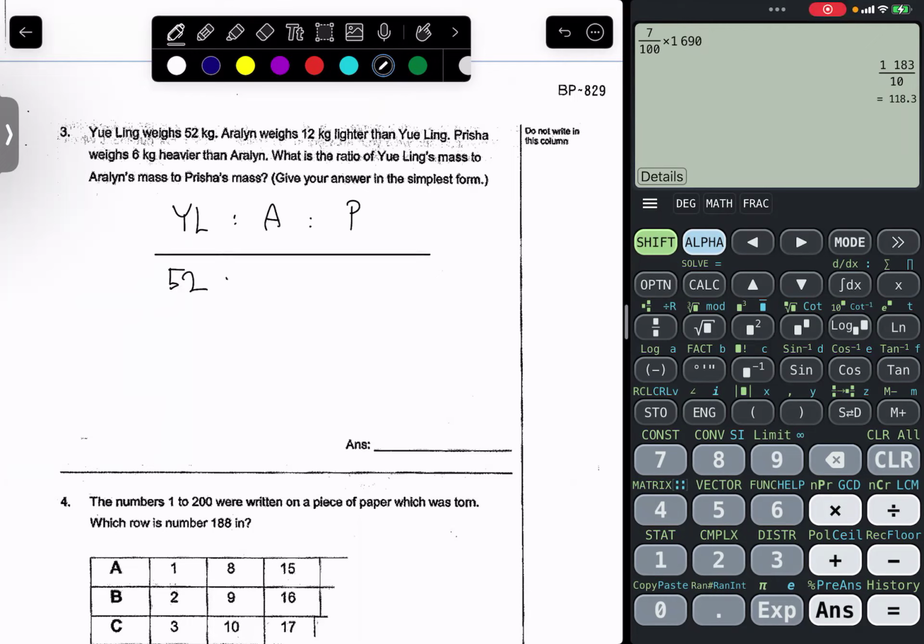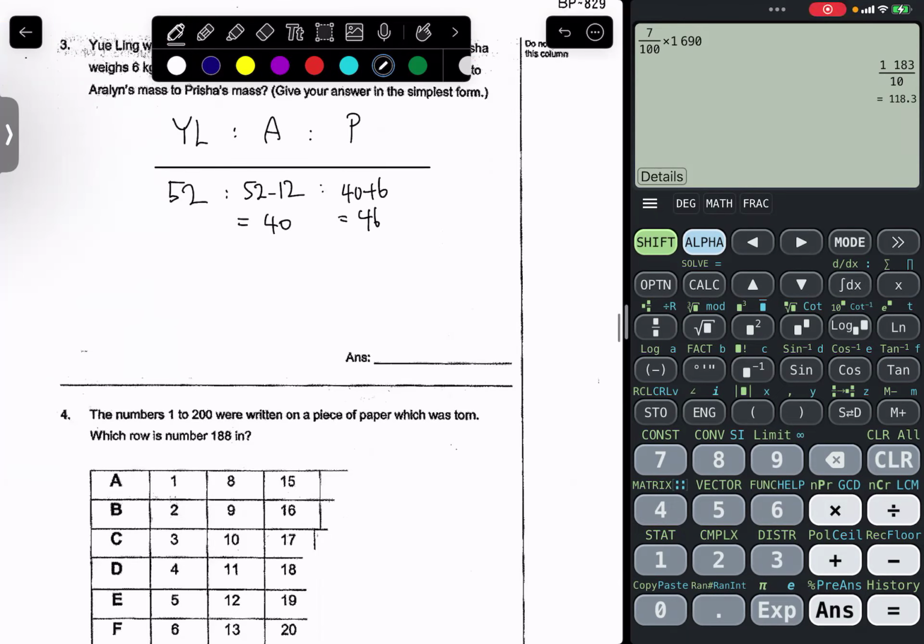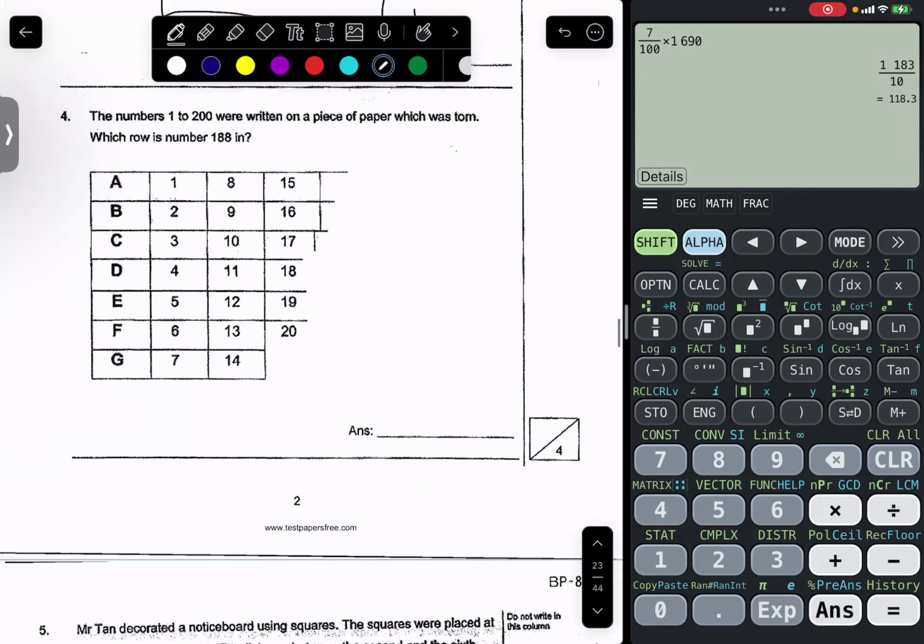A weighs 12 kg lighter, so minus 12. Prisha is 6 kg heavier. By the way, this is 40, so 40 plus 6 is 46. So 52, 40, 46, all of them can be divided by 2. So 26, 20, 23. Cannot divide further. This is my answer.